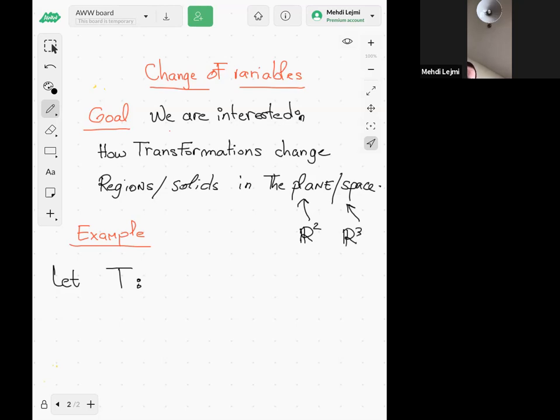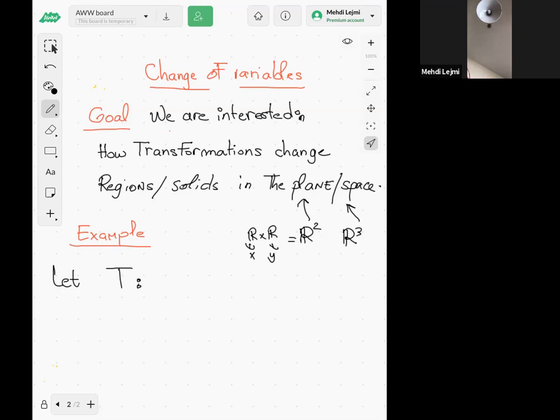R2 is because it's R cross R: x belongs to the number line R, and y is in the number line R. That's why the plane is called R squared. R, of course, is just the set of real numbers.